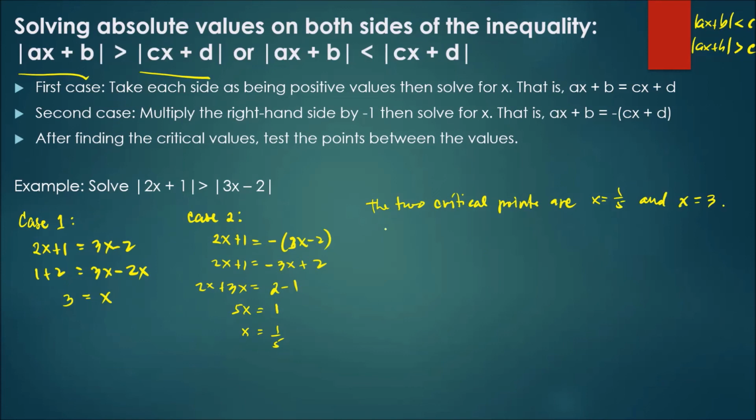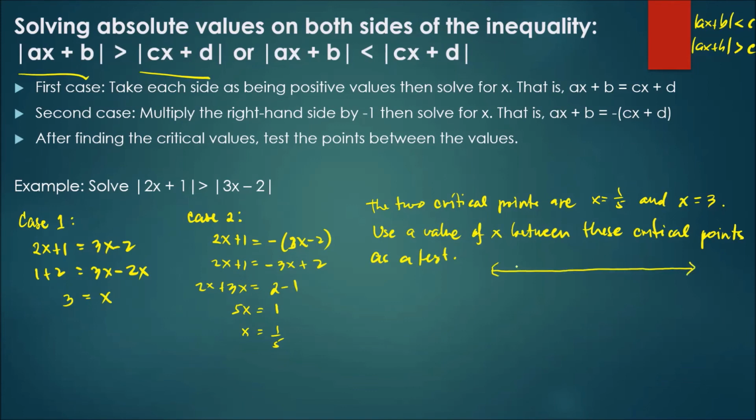We start with the lower one. Okay, so we use a value of x between these critical points as a test. So for example, what is the value of x that is between 1/5 and 3?